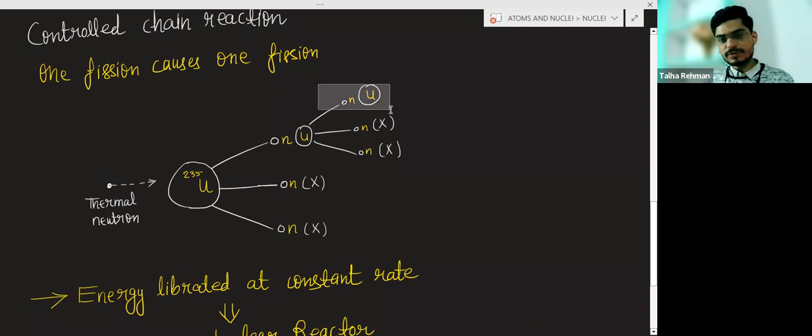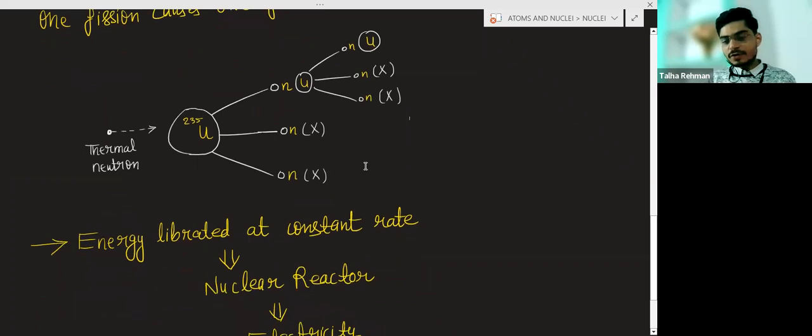So here only one fission will take place. Now from one fission, only one fission is taking place. So basically, this is a controlled chain reaction. In a controlled chain reaction, from one fission, there is only one fission taking place. In this case, fewer fissions are taking place, so the energy liberated rate will be constant.